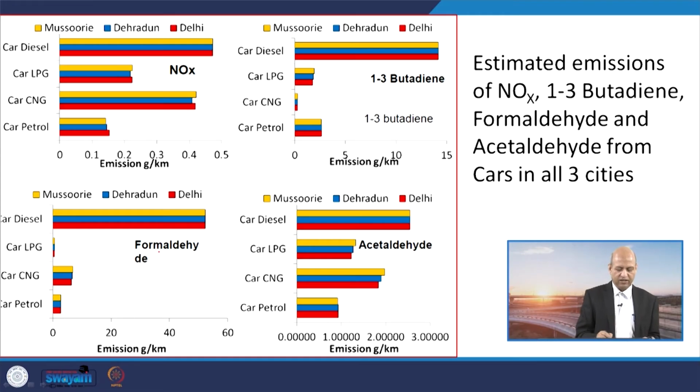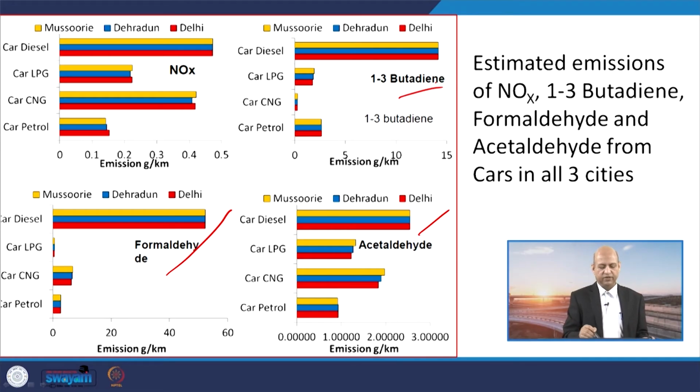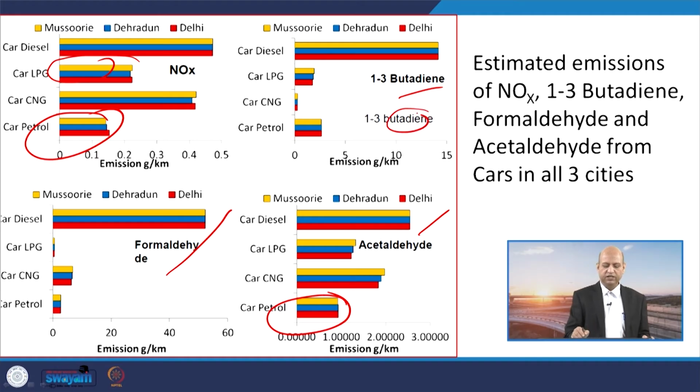Diesel cars are emitting a lot of formaldehyde, and similarly a lot of acetaldehyde, butadiene and NOx. So from the toxic pollutants perspective, diesel cars are not good. The NOx emissions are less in the case of LPG and petrol cars, and acetaldehyde is also less, but for butadiene, the CNG car is very good in that sense.